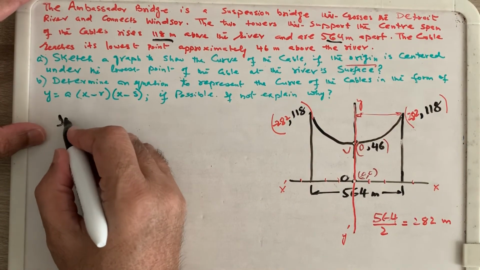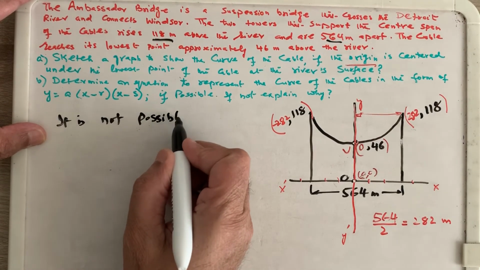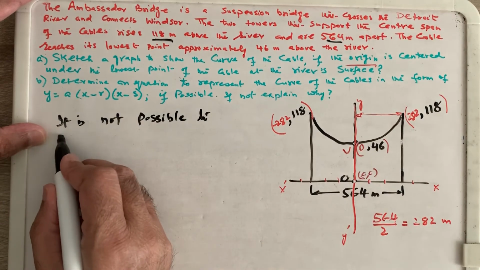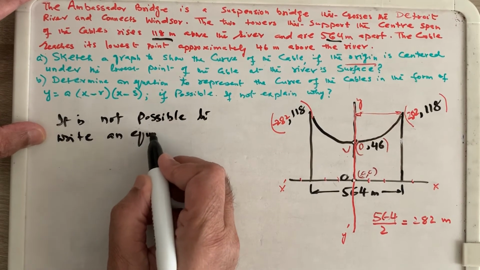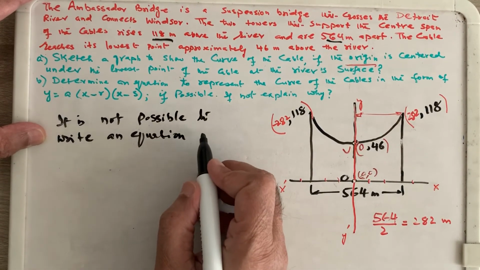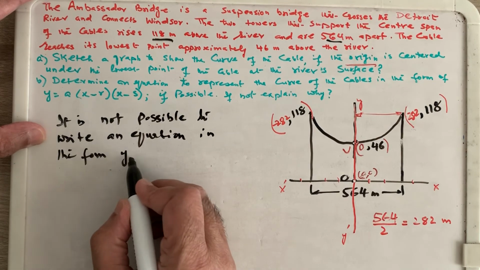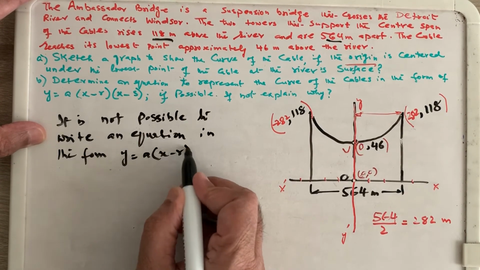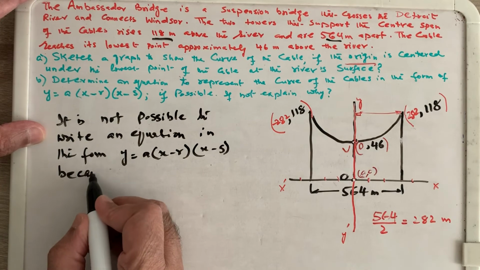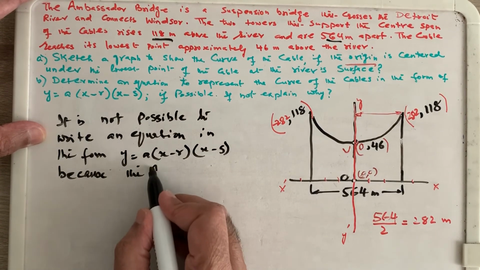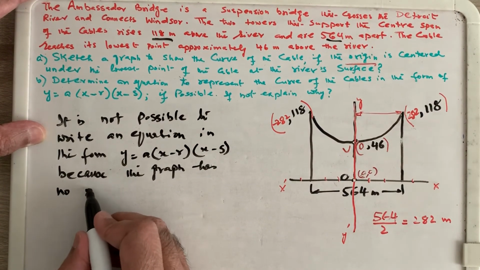So you will say it is not possible to write an equation in the form y equals a times x minus r times x minus s, because the graph has no x-intercepts.